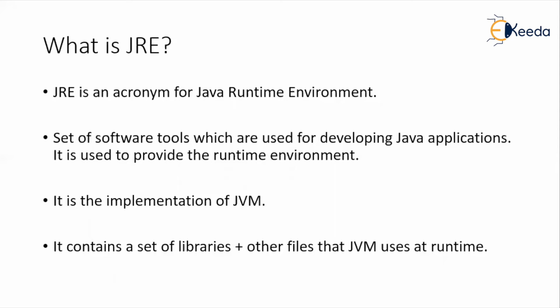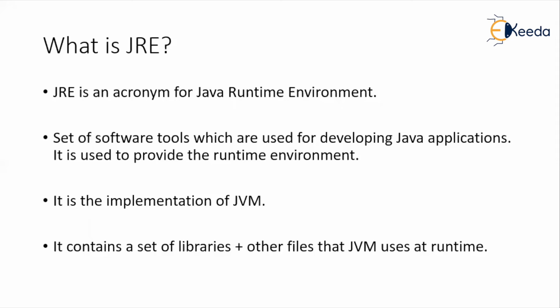So JRE contains a set of libraries plus some other files which JVM will use for execution of the Java application. So the first step is I'm going to create a Java application, a .java file, for which JDK is going to help me.